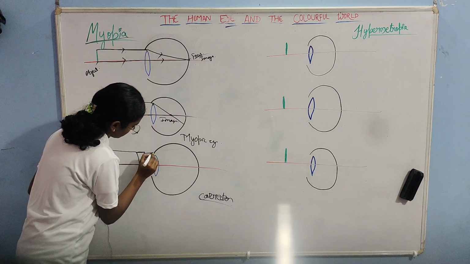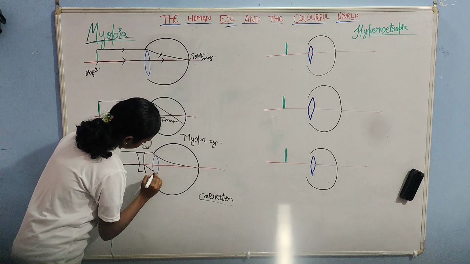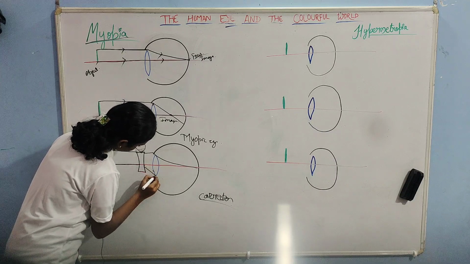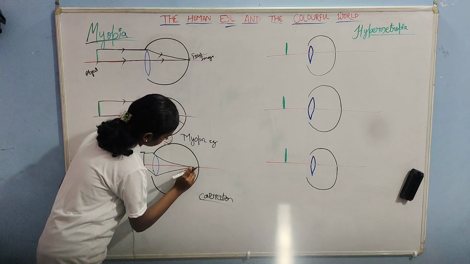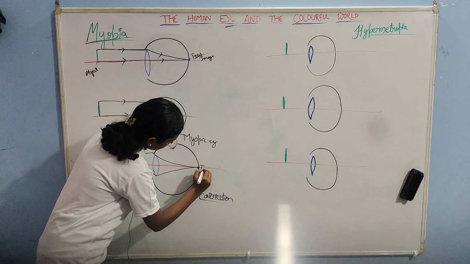After that, it will pass through, and the image will form on the retina.